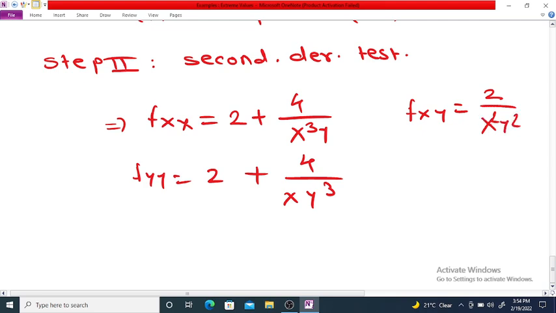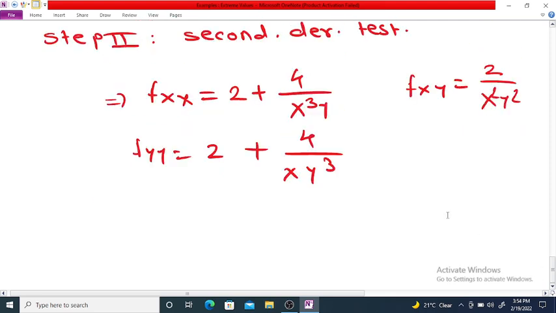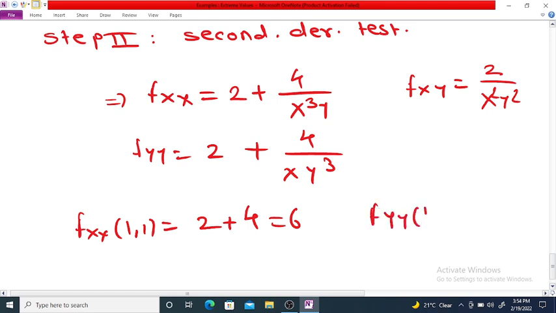So now f of xx at 1 is equal to 2 plus 4, so it is 6. f of yy at 1 is equal to 6, and f of xy at 1 is equal to 2.